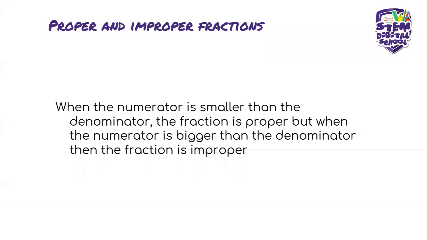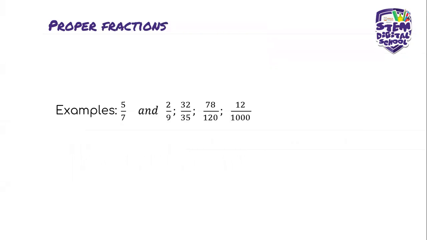And of course, we are going to deal with examples as we carry on, the first being the proper fractions. We have the examples that are given. The first one there is 5/7, and then 2/9, 32/35, 78/120, and 12/1000. So you can see in this case that the numerator is smaller than the denominator. So hence we call this the proper fraction.